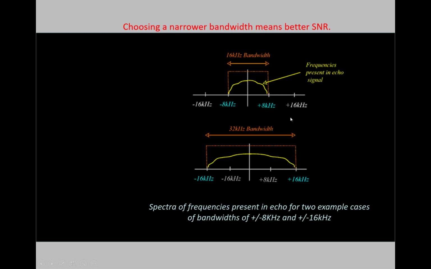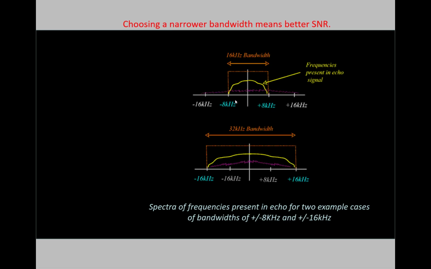Now the problem is not only will there be signal there, there will also be noise there. So we're showing the noise here in this pinky color. And what this is showing is that at different radio frequencies, we can expect there to be noise components.